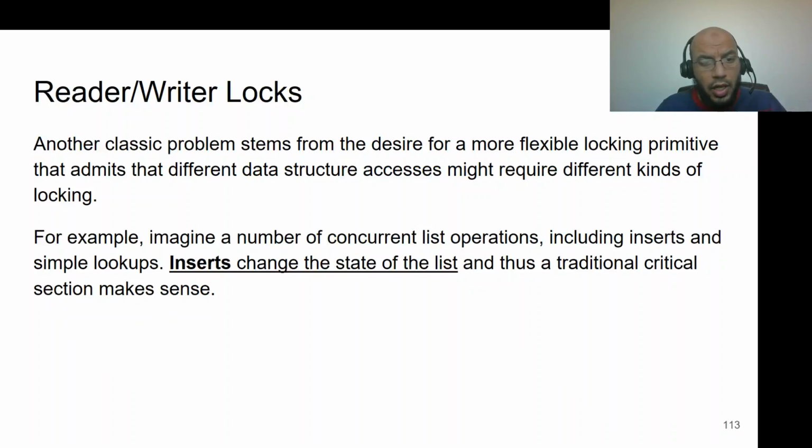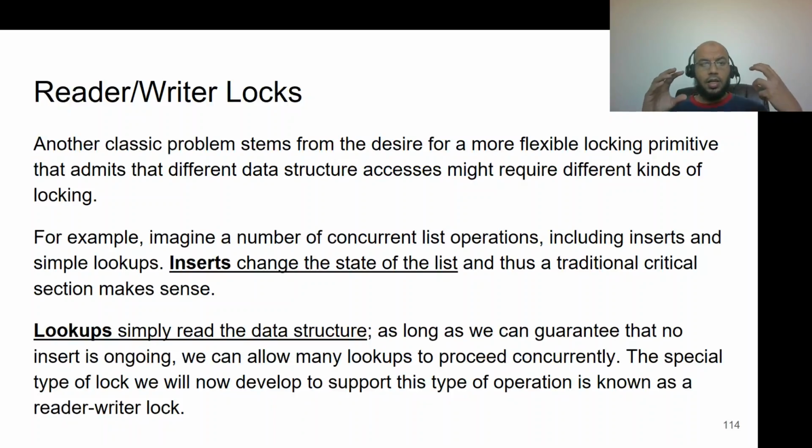So the idea is that you want to allow inserts to be atomic, and to make sure that no concurrent writes are being done, such that you get garbled data or data inconsistencies and so on.